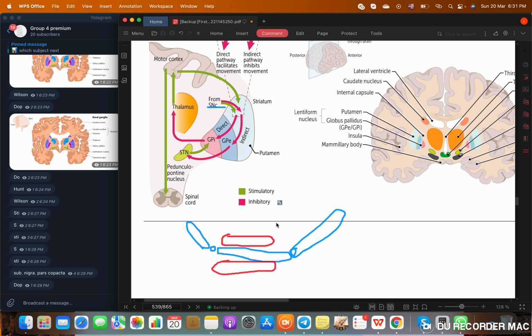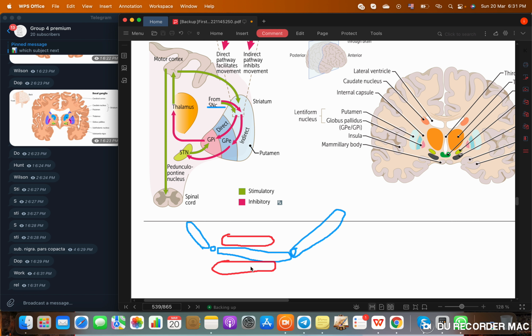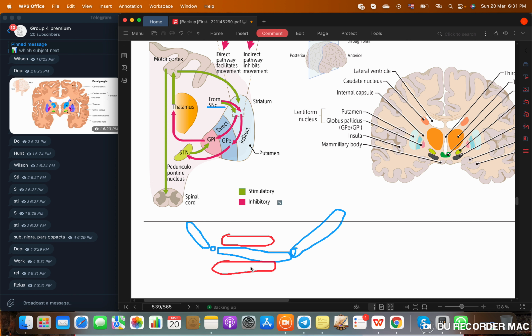When you flex your arm, what should happen to the extensor? When you flex your arm, the flexors contract, but what will happen to the extensor? Relax, absolutely.